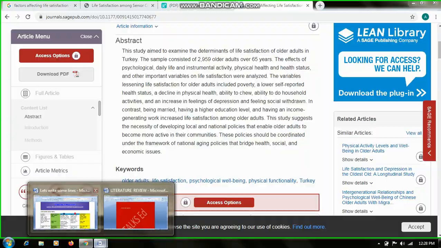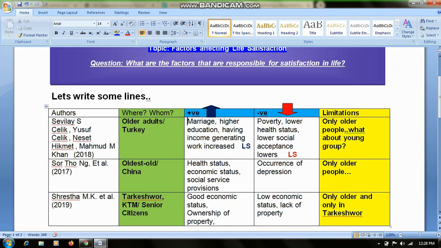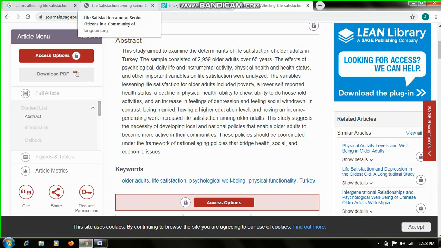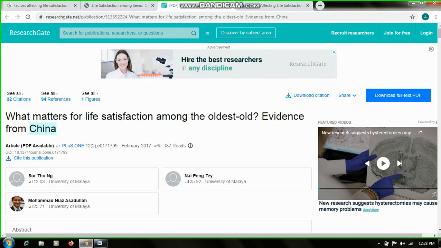What have you found? Factors like marriage and higher education increase life satisfaction, but poverty, lower health status, lower social acceptance reduce life satisfaction.